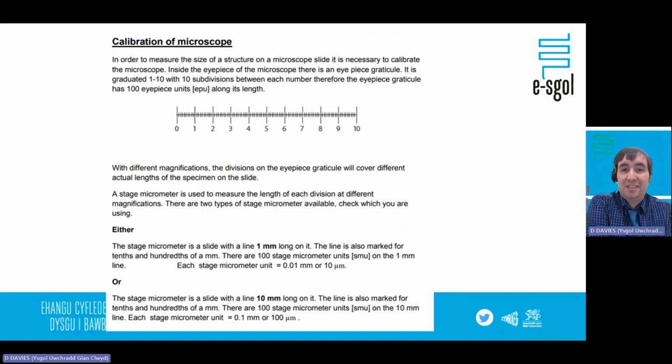In order to measure the size of a structure, a specimen on a microscope slide, you have to calibrate it. Inside the eyepiece, the bit that you look down, there is an eyepiece graticule. The eyepiece graticule is basically the little ruler that's inside the eyepiece lens. It's graduated, so there's a scale on it.